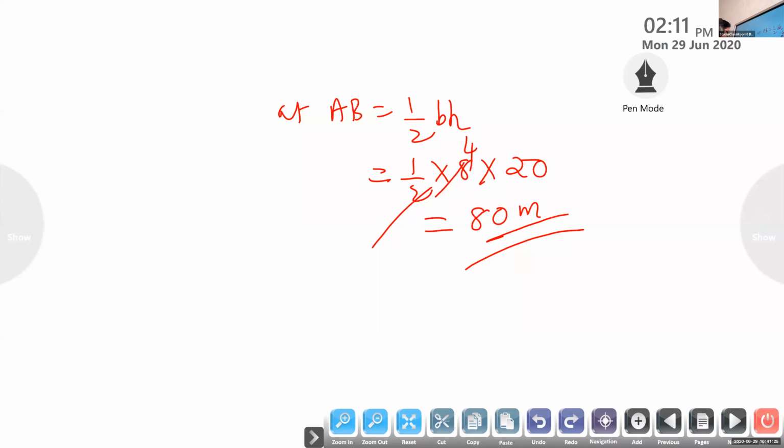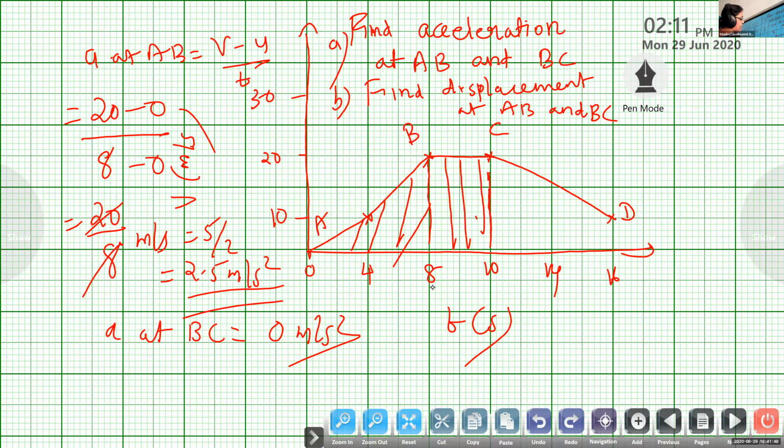At BC, it is moving with uniform velocity. So there is displacement. What is the formula to find the area of a rectangle? L into B, length into breadth. Again we go back to the figure. Length here means 20, velocity, and breadth means time. But BC is only between 8 and 10 seconds.